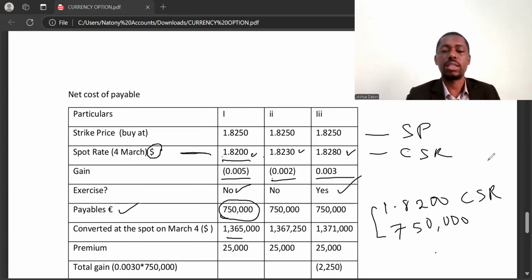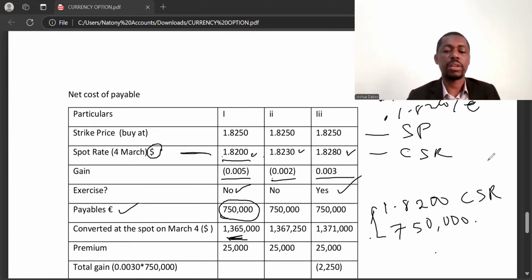So the contract is in 1.8250 per euro. The spot rate is 1.8200 per euro. Since this currency here is the local currency, it is a direct quote. Therefore, you multiply. So if you multiply this by this, it's going to give you this amount.